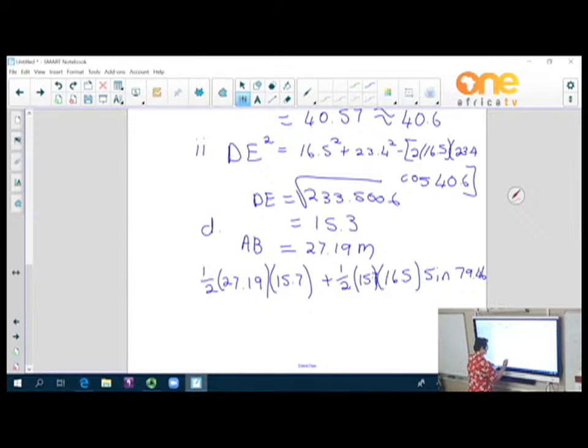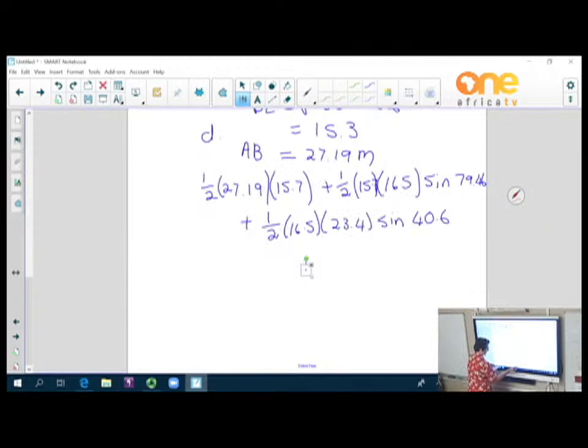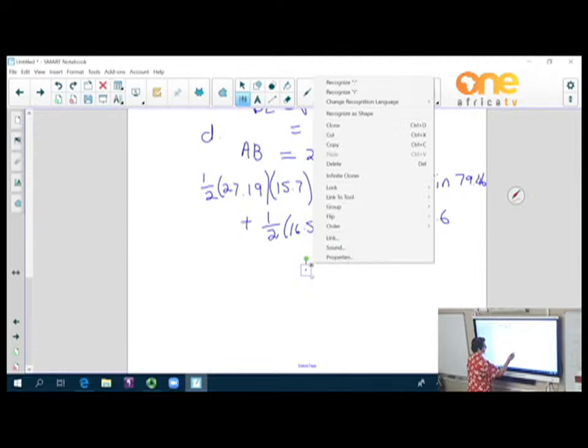And then plus the third triangle, which is not a right angle triangle either. So it will be 16.5 times 23.4, and the included angle there is sine 40.6. Make sure that you take two sides and the included angle every time.